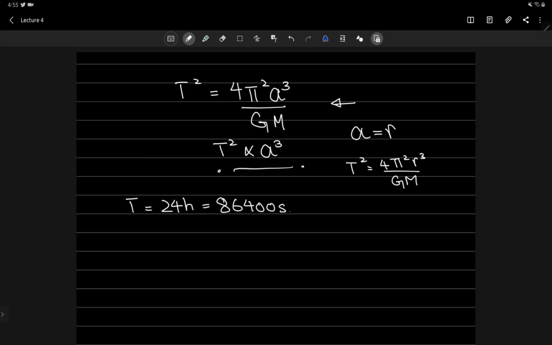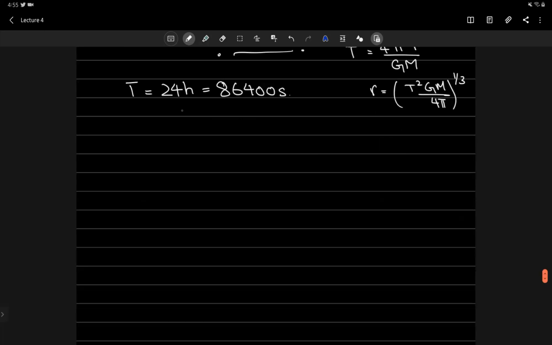Now, well, you just have to write this in terms of r. So it would be r is equal to t squared gm over 4 pi squared, the whole power 1 by 3, right? So just substitute the mass of the Earth in this equation, and you would get everything is constant in this equation, right?